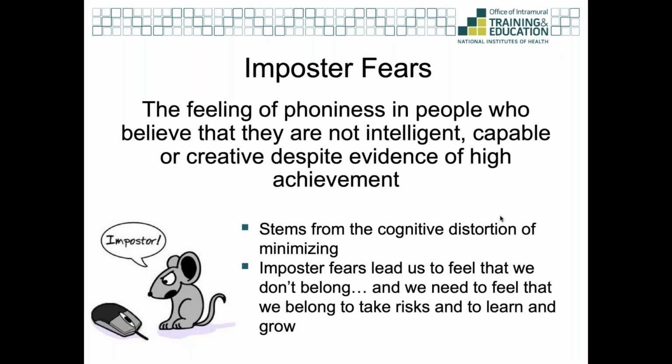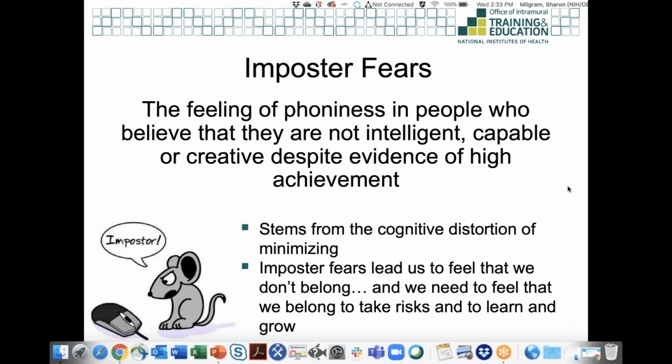Imposter fears lead us to feel like we don't belong. And the thing is that we need to feel that we belong to take risks and to learn and to grow. We need to feel like we belong to go ask someone for help. We need to feel like we belong to say, no, I actually didn't understand that. Thank you for maybe explaining it to me again.